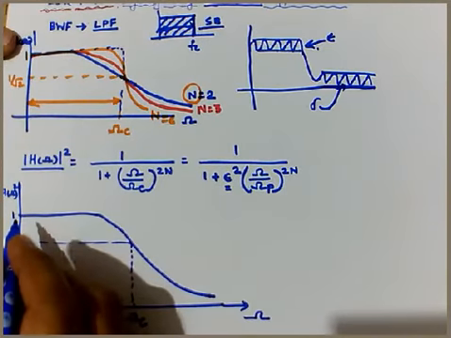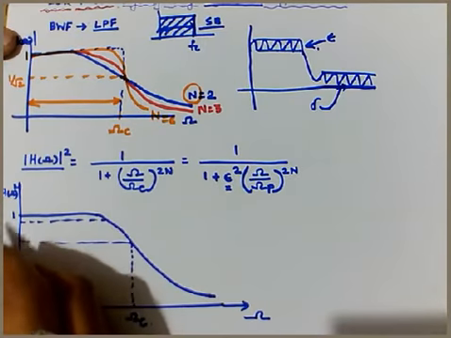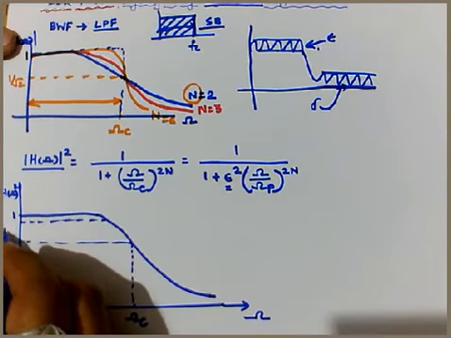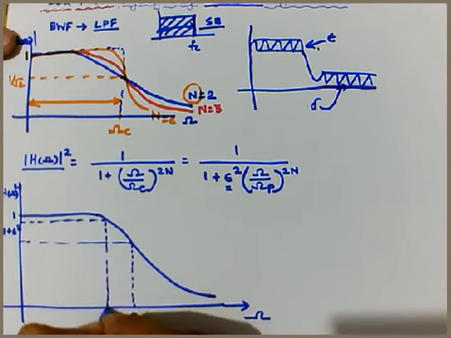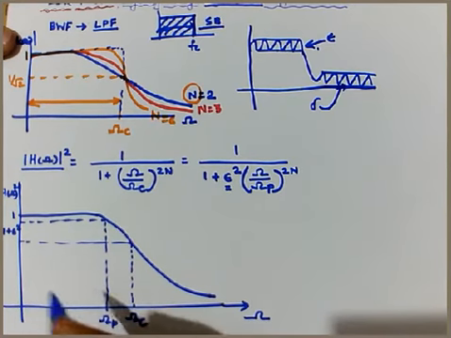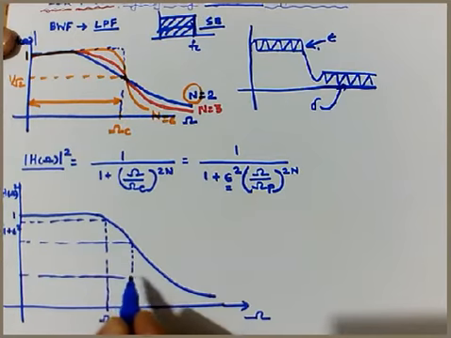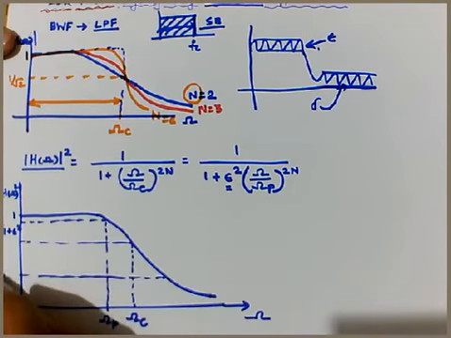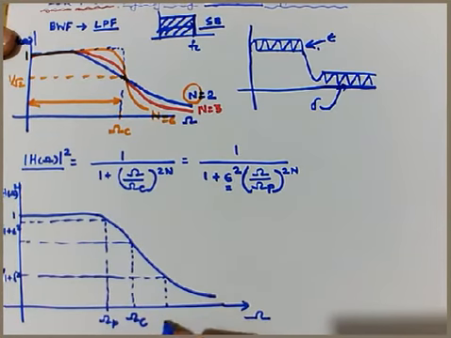Let me plot here another value, that is 1 upon 1 plus ψ square. This value will extend up to the frequency called Ωp, that is the passband edge frequency. The next value is related to δ square, so it will be 1 upon 1 plus δ square, that is actually Ωs.